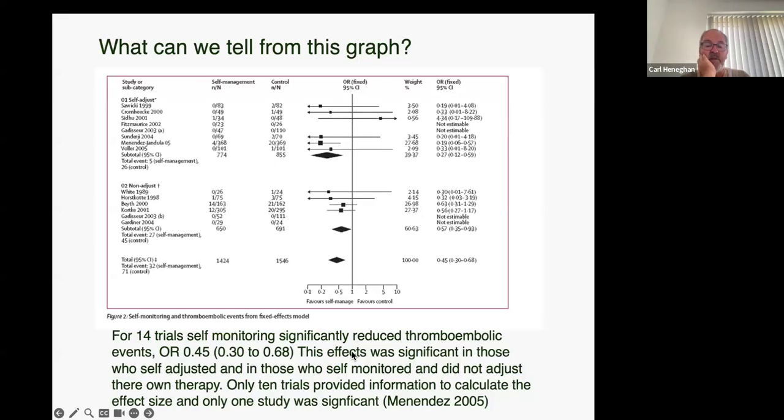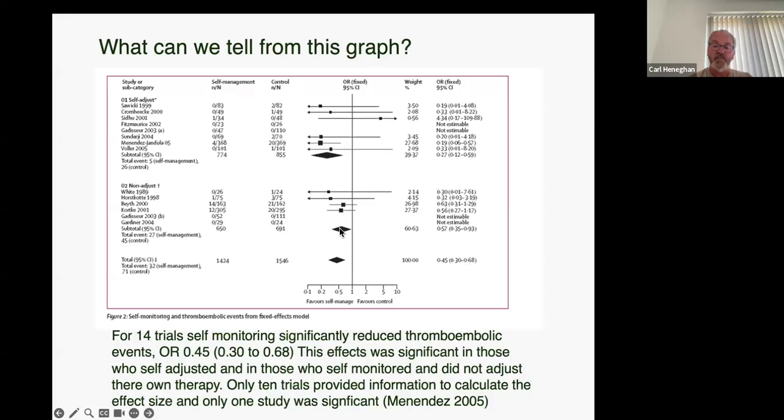This effect was significant in those who self-adjusted, that group there, and in those who self-monitored. In the self-adjustment, the self-management group, the effect is greater than in the self-monitoring only group.